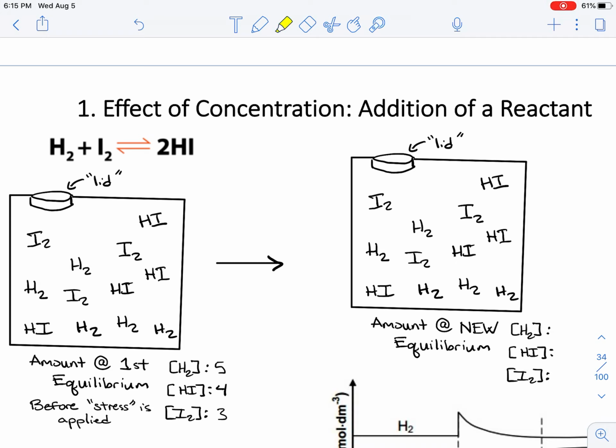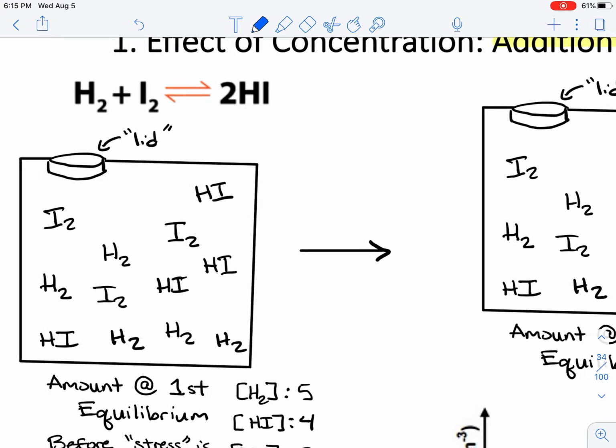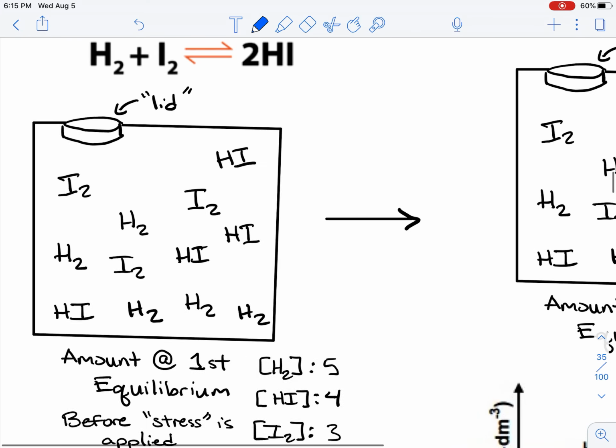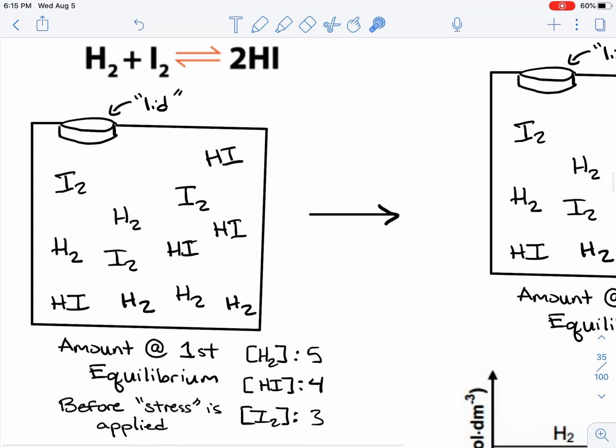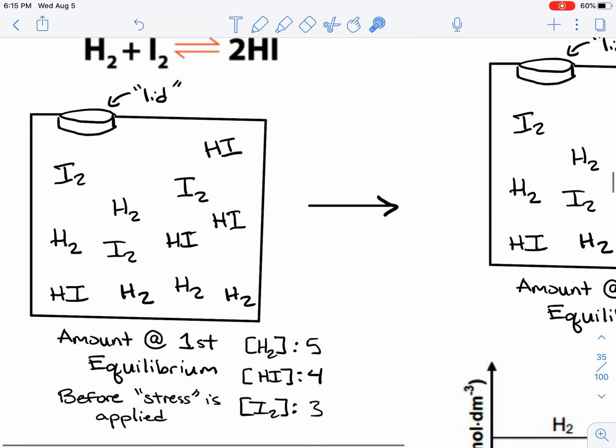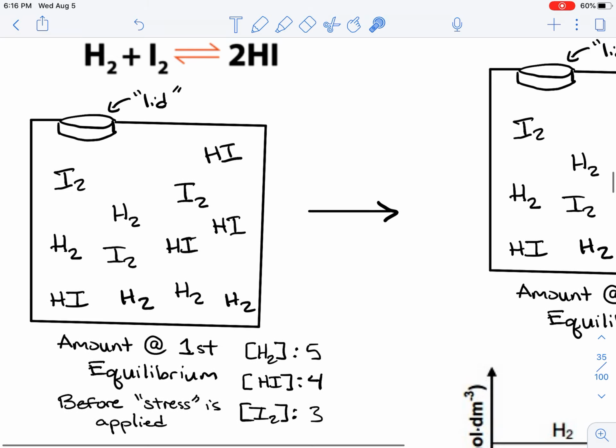And so we're going to look at the effect of concentration through the addition of reactants. So this is going to be the stress that we're going to apply. Looking at this chemical reaction, here we have the conversion of hydrogen gas and iodine gas into hydrogen iodide, and hydrogen iodide decomposing to produce the reactants. What I have here in this diagram is the amount of each substance that's at equilibrium before the stress is applied.